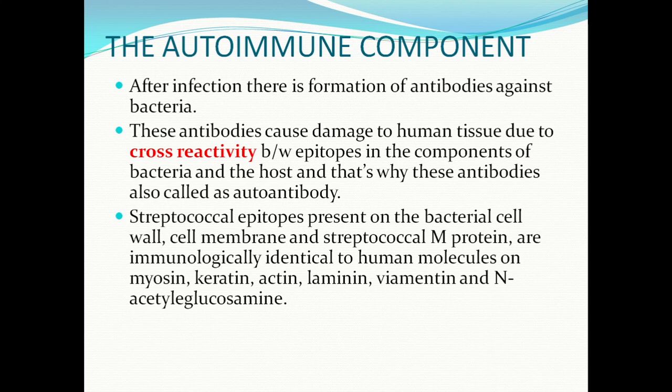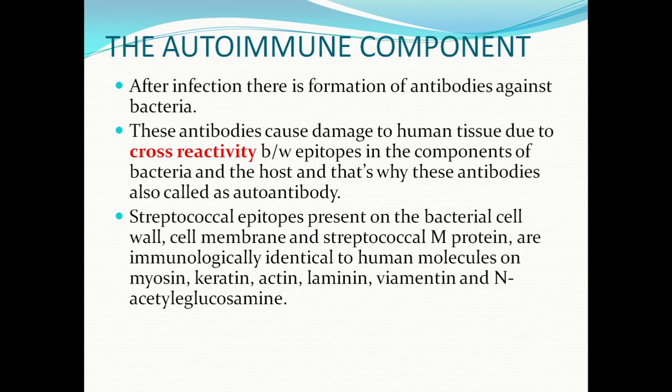Very interesting, the epitopes in the components of the bacteria and host have similarity, and that's why these antibodies are also called autoantibodies. So antibodies produced against the bacteria are also harmful to the host because of this similarity between epitopes in the components of the bacteria and the host.